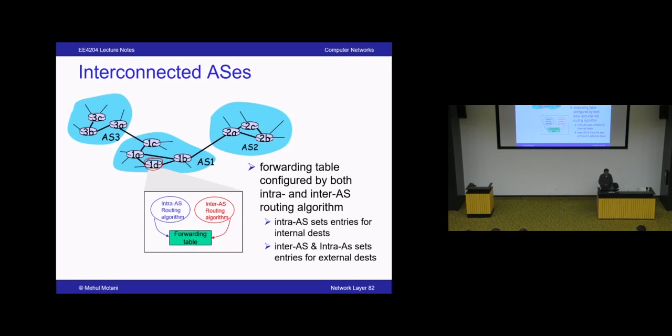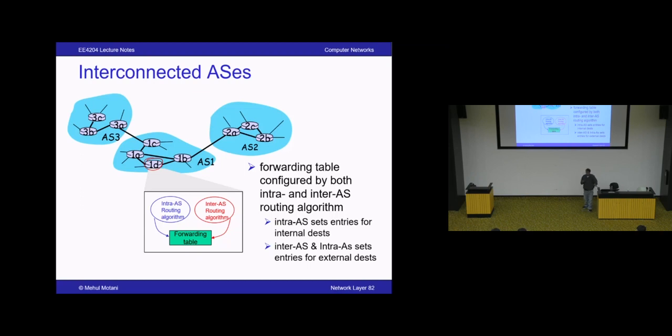In AS1, router 1C connects to AS3, and router 1B connects to AS2. So if your end destination happens to be in AS2, your next hop is going to be 1B, and it's the inter-autonomous system algorithm that determines that. If you're routing to 1C, which is inside your AS, then the intra-autonomous system algorithm determines that.